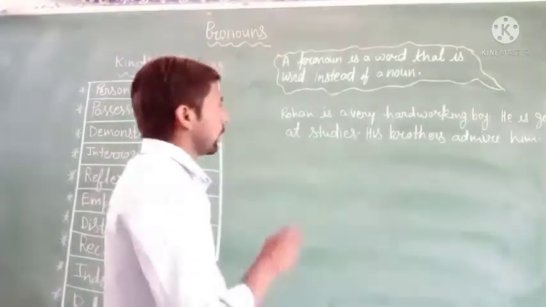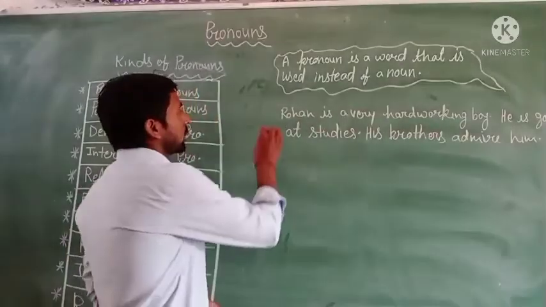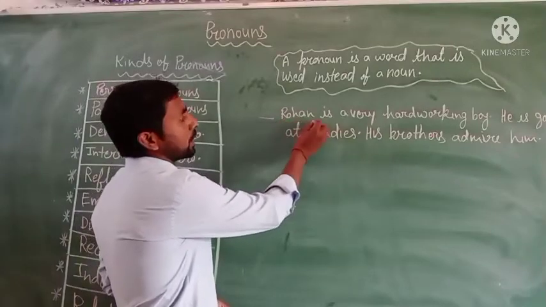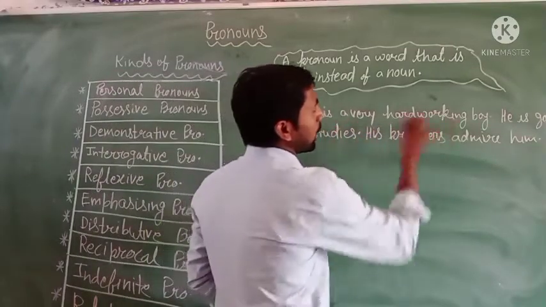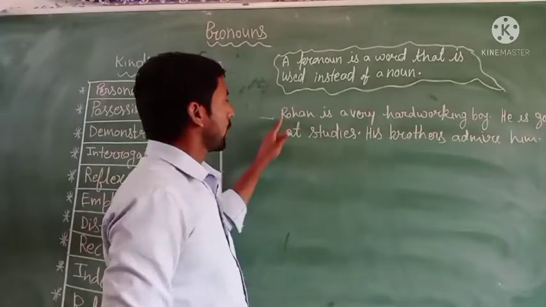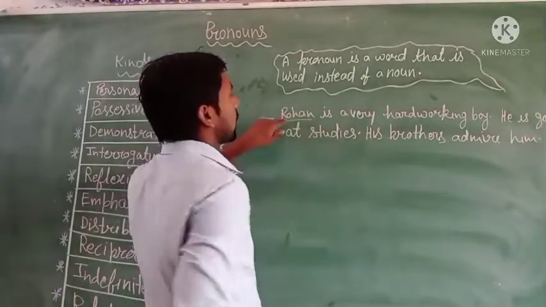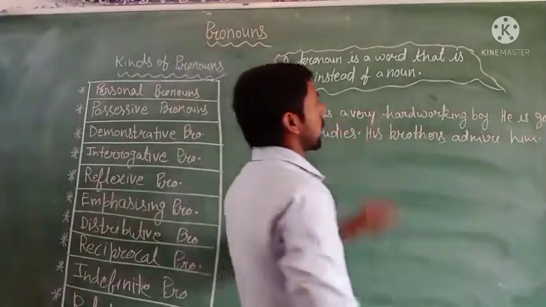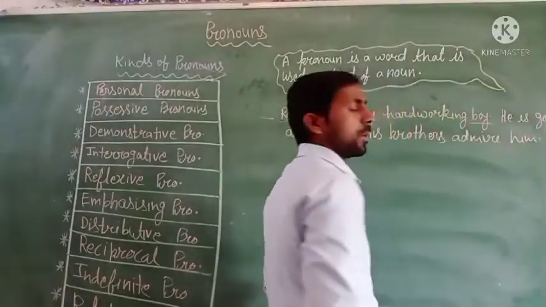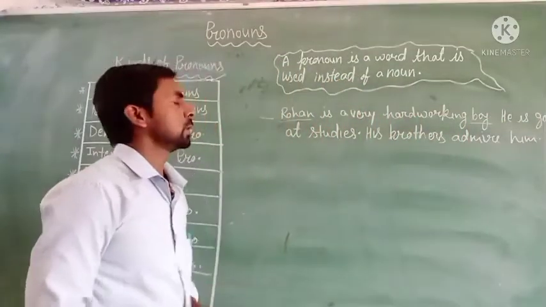Clear? So you can see here the example. Rohan is a very hard working boy. Rohan is the noun word. Clear? The word boy is also a noun word.